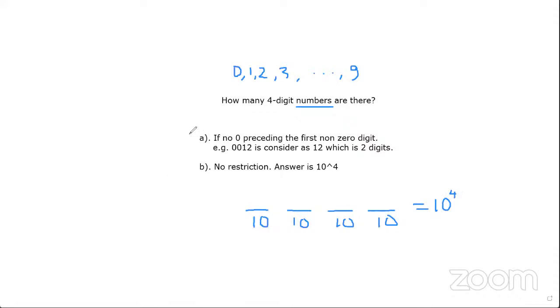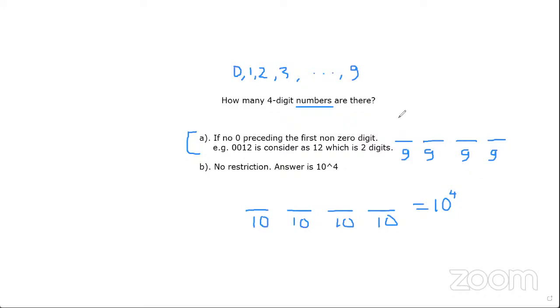Now this one is a little bit tricky, number A. Because if you say for number A that here is only 9 possibilities, here is only 9, here is only 9, that's not quite good.